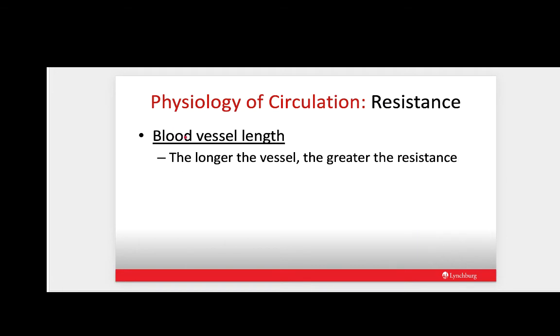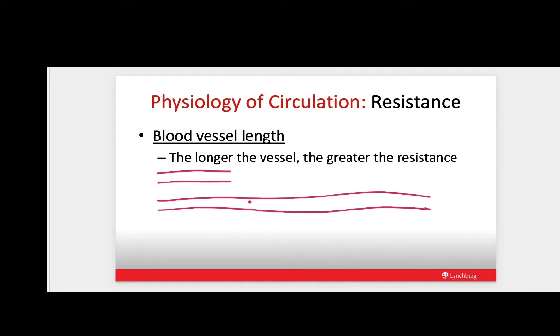The second one is blood vessel length. The longer the vessel, the greater the resistance. Because if we had just a little short vessel here versus a really, really long blood vessel, the blood inside that blood vessel is meeting resistance from the walls of that blood vessel the whole way as it's traveling down the vessel.